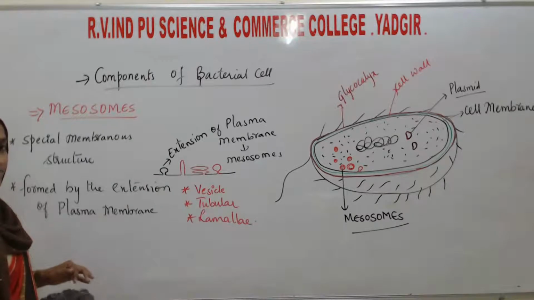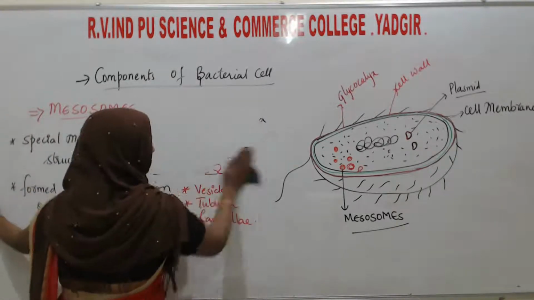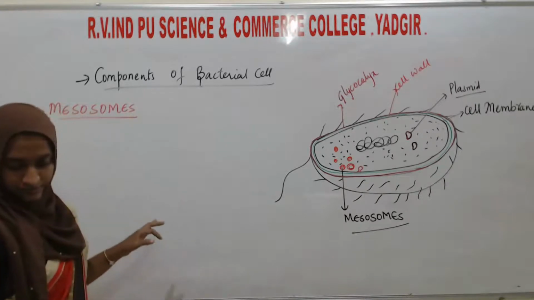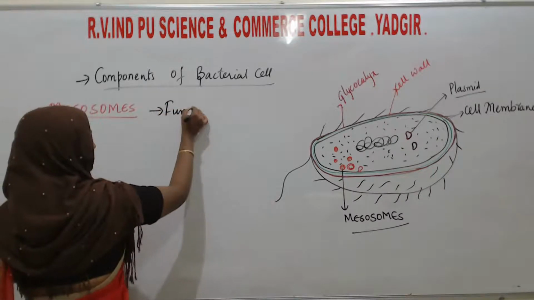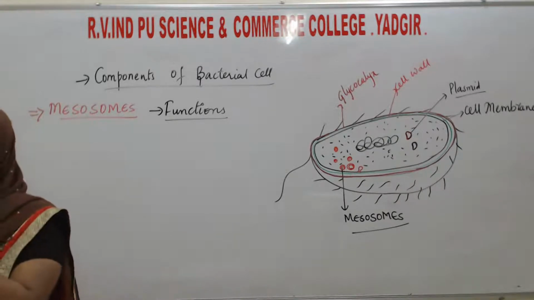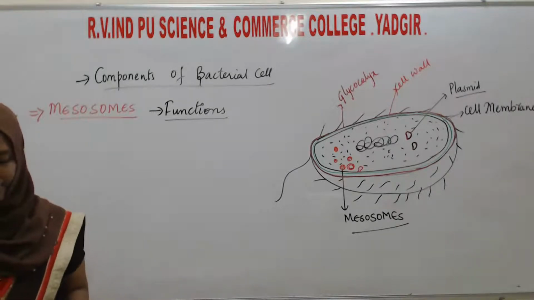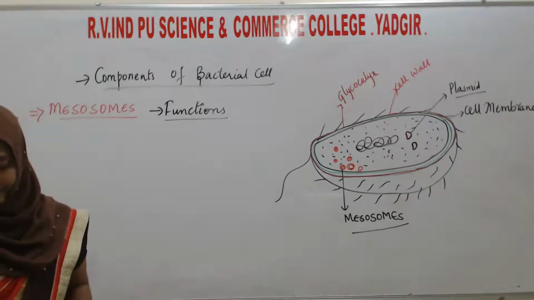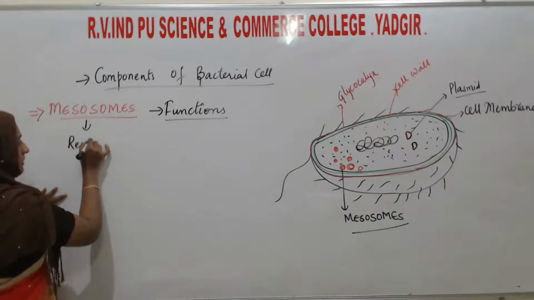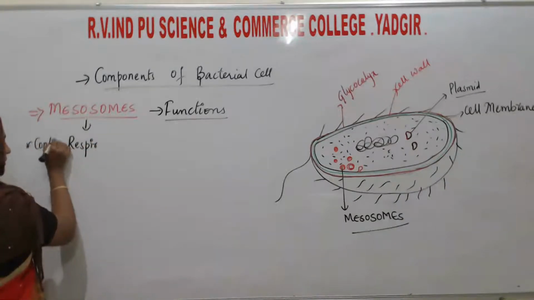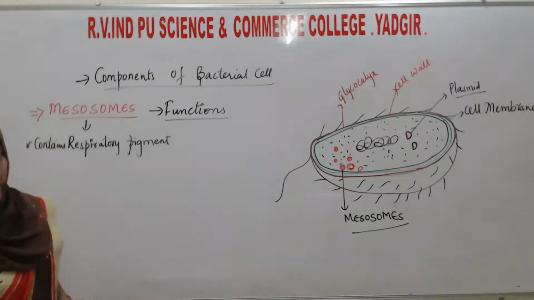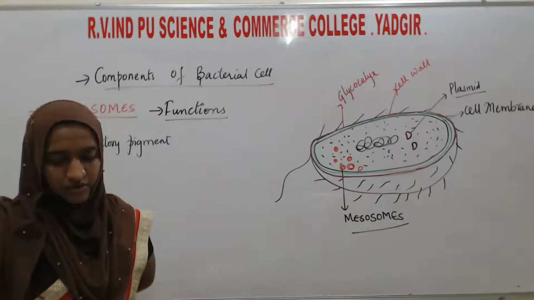So see here, functions of mesosomes. First thing, this mesosome contains some of the respiratory pigments, due to the presence of which they will undergo a process of cellular respiration.